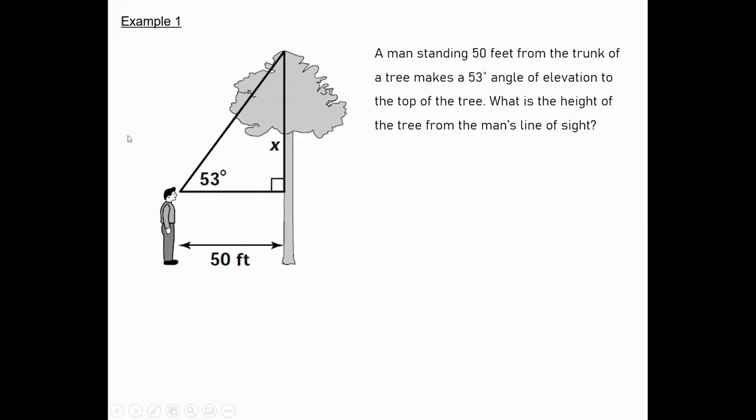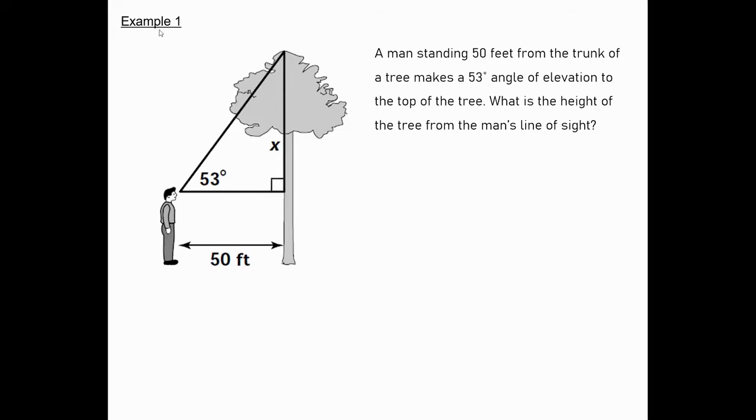So when we draw the diagram, here's the man standing here, okay? And from his height to the top of the tree, it makes a 53-degree angle of elevation. What is the height of the tree from the man's line of sight?